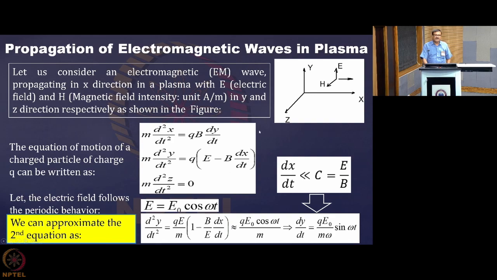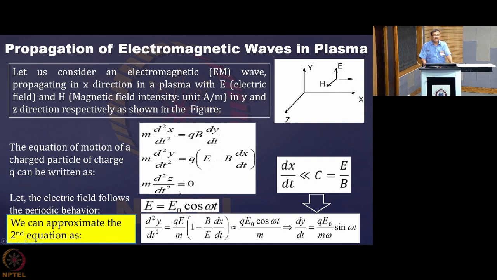Then for the z direction, in the direction of the magnetic field, no force can arise. So it is just 0 over here. There is no electric field, and no component from v cross B, because v is in the x direction, and v cross B will have only an x component and a y component.